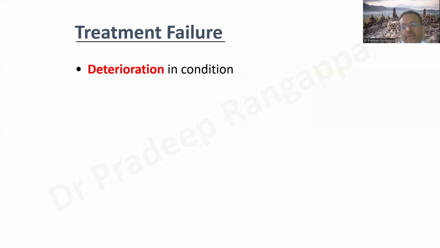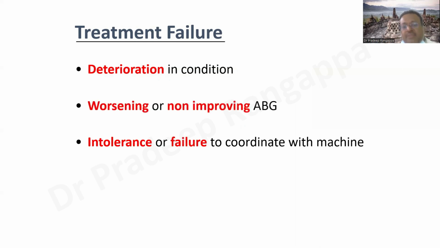Treatment failure is when you have connected the ventilator, you have put in the settings, IPAP, EPAP, you have made sure you are giving good humidification and you are monitoring, but the patient is getting more obtunded and more acidemic and CO2 is rising despite whatever good parameters you have put in, and there is a worsening or non-improving ABG.